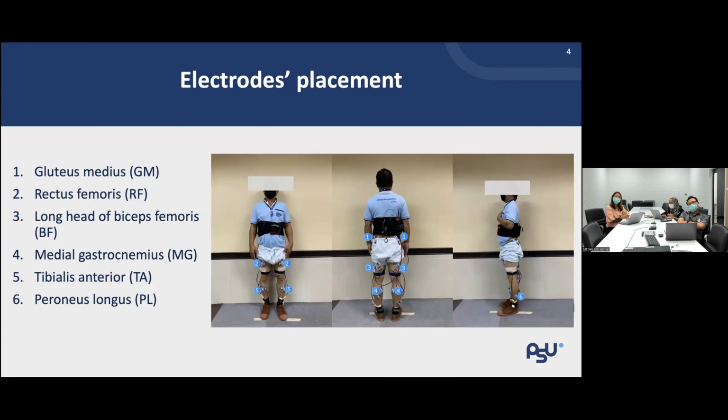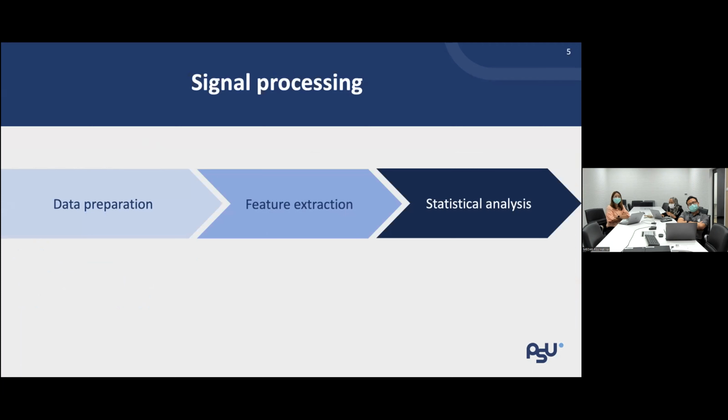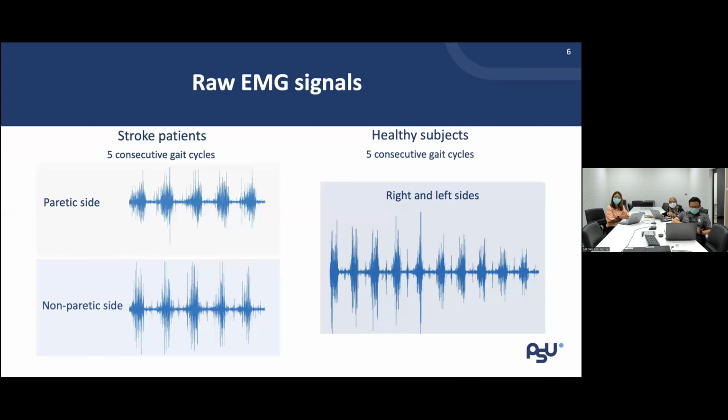So these are the muscles that I record the EMG from. There are 6 muscles. For the signal processing, I start with data preparation, feature extraction, and statistical analysis. For the data preparation, I select the raw EMG from 5 consecutive gait cycles.